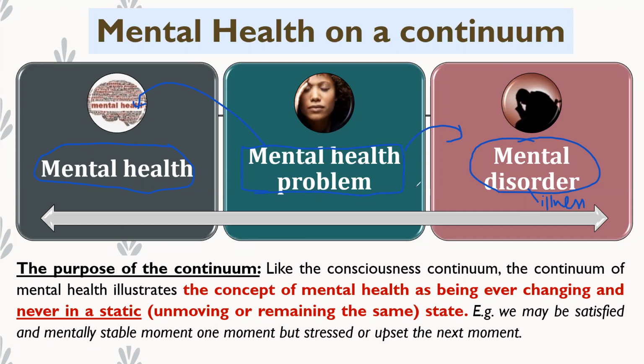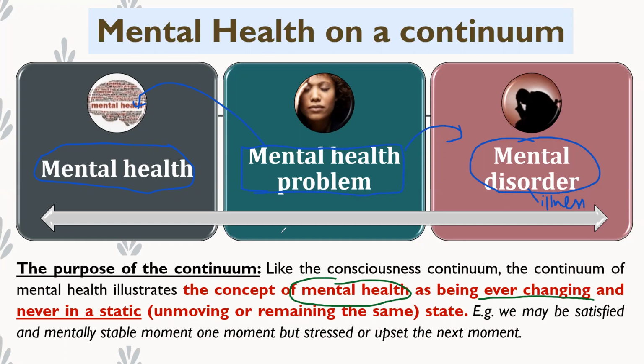We're going to learn about each of these and their definitions and characteristics, but what's the purpose of having this continuum? Just like the consciousness continuum in chapter 8 showed us that consciousness is ever changing, it's the same purpose, but applied to mental health. Mental health is never a completely permanent or static thing.